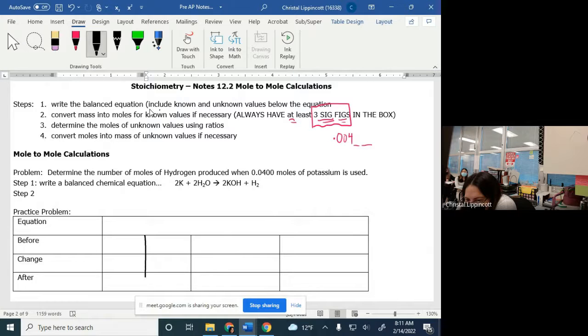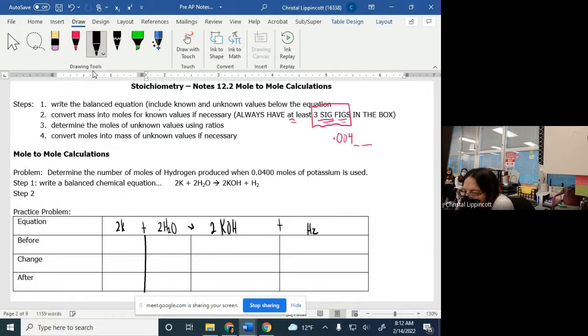All right, you need to add another line here. You'd think after this many years I'd get this fixed. All right, so I'm going to write my equation down. I'm going to write 2K plus 2H2O. And you need to make sure your equation is balanced when you write it in here. 2KOH plus H2.